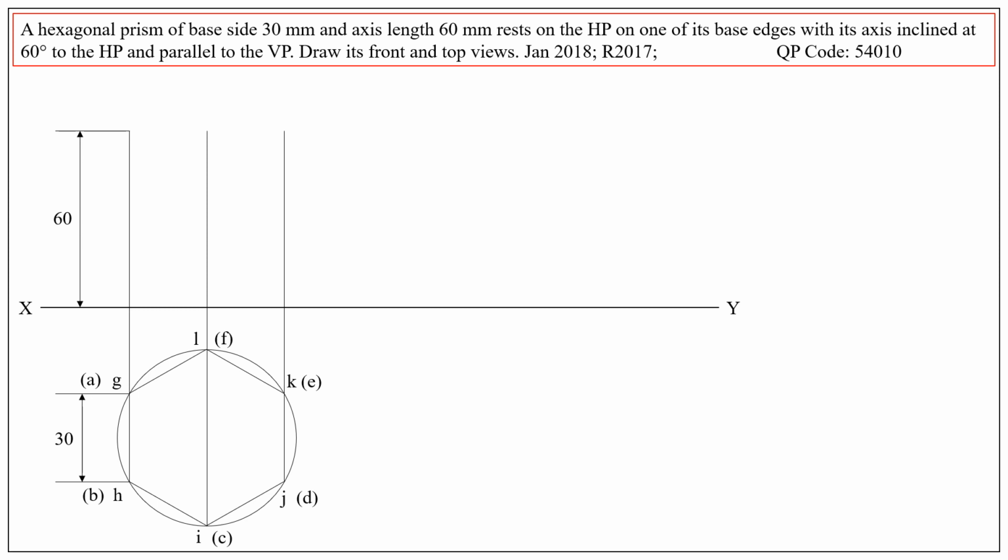So at 60 millimeters draw a horizontal line and name the points A dash, B dash, C dash, D dash, E dash, F dash at the base, because those corner points are resting on the horizontal plane. That's why we obtain those points on the XY line itself. And the top corner points are G, H, I, J, K, L.